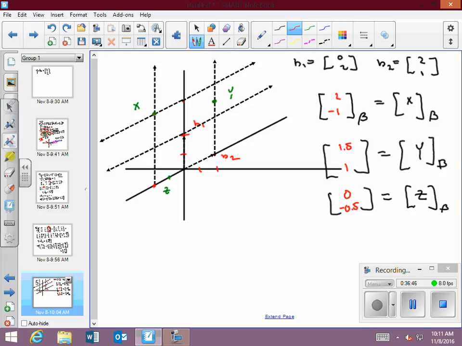So to check it out, for X, we should take 2 times B1 minus B2, and that should give us the X. So let's check out 2 times B1, 0, 2, minus B2, 2, 1.